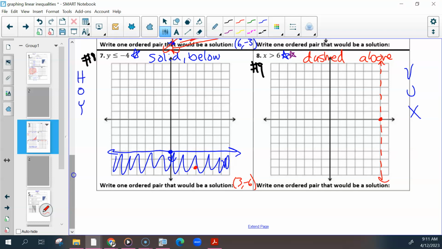So above for x is weird. You have to think about, would the numbers to the right be above or would the numbers to the left be above? So would 0 be greater than 6? No. Would 7 be greater than 6? Yes. So that's the area we're going to shade.